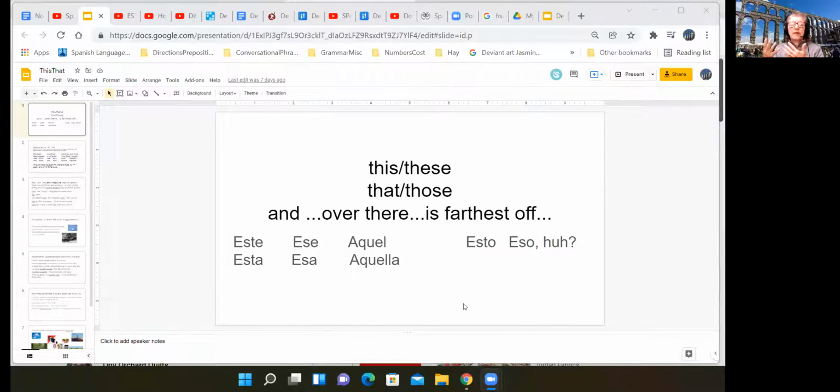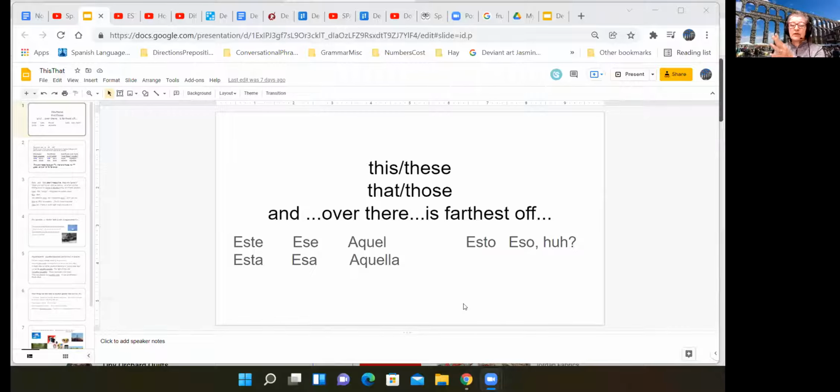This and these traditionally was always explained, it is close to the speaker, the person talking. Okay. That and those traditionally was explained as that, singular, those, plural, close to the person I'd be talking to, okay?